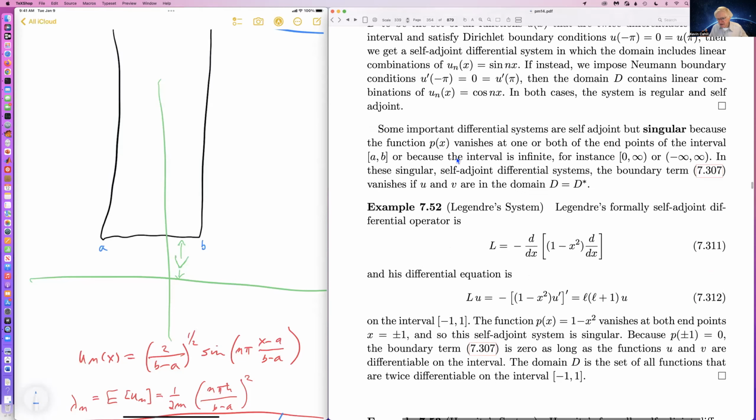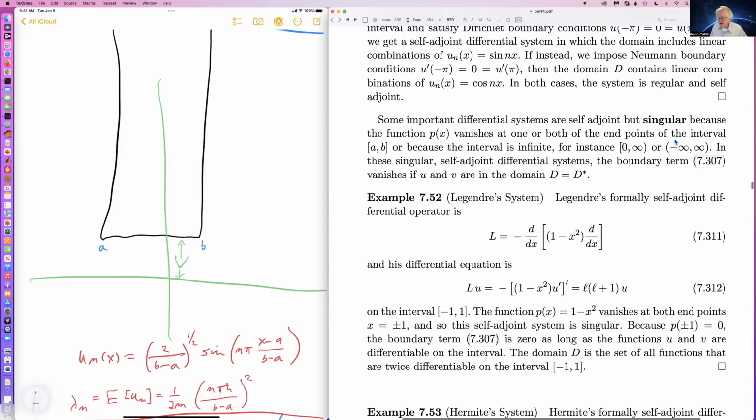And some differential systems, of course, are self-adjoint but singular, because the function p vanishes at one or both of the endpoints, or because the interval is infinite, like 0 to infinity or minus infinity to plus infinity.